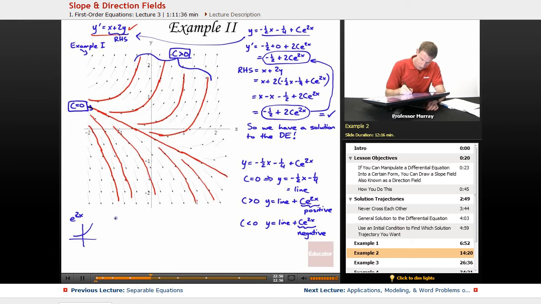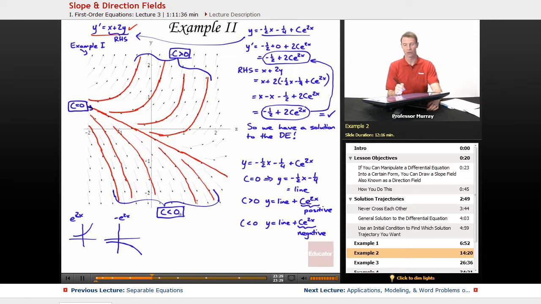So essentially, the graph of negative e to the 2x will be curving sharply downhill. So I'm taking that line and I'm adding on a term that's sharply downhill, and that's how you get these negatively curved solution trajectories down here below that line. So all of these solution trajectories down here correspond to negative values of the constant in the general solution to the differential equation.